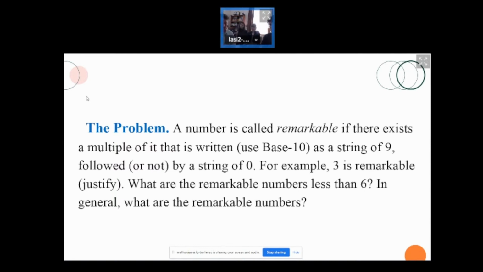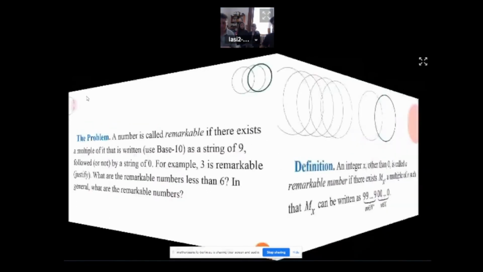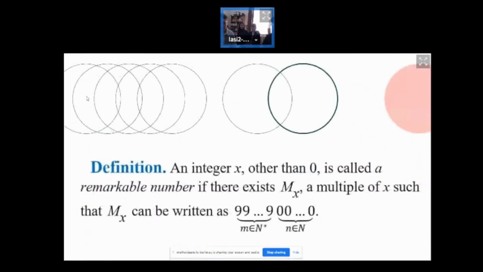We also had to answer what all the remarkable numbers lower than 6 are, and lastly, what the remarkable numbers are in general. As a more mathematical definition, an integer x other than 0 is called remarkable if there exists a multiple of it, noted Mx, that can be written as the digit 9 multiple times, followed by the digit 0 multiple times.